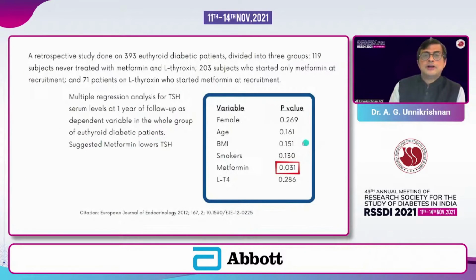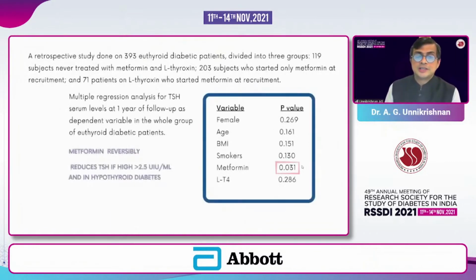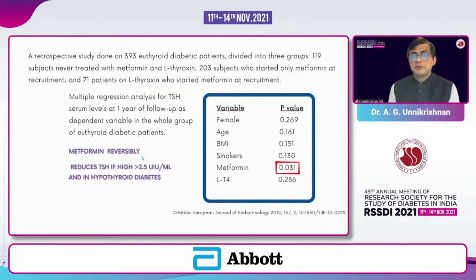They did a multiple regression analysis for TSH levels at 1 year of follow-up as a dependent variable, and they found that metformin significantly lowered TSH, and the authors said that metformin can reversibly suppress TSH, which means if you remove the metformin, TSH can go up.